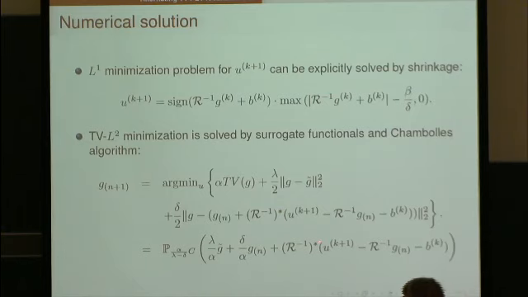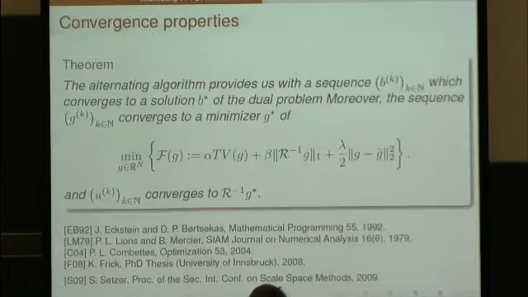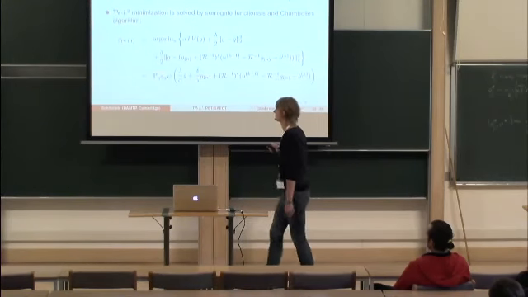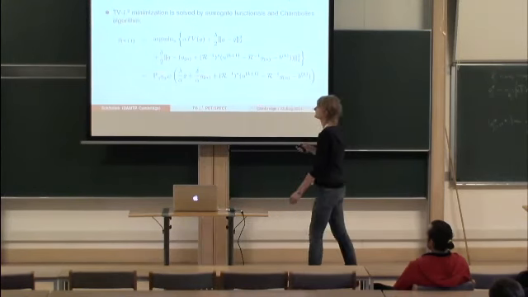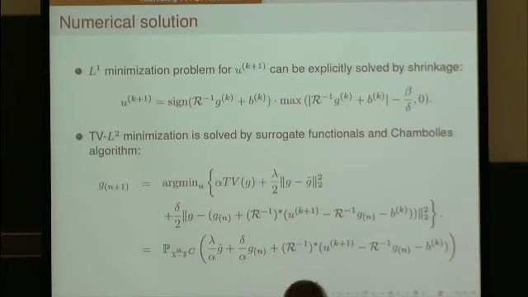I'm not going into much more detail, just to say that this sub-minimization problem is solved by a very standard iterative procedure. You could even apply some kind of split Bregman methodology again to solve this. It's just what we chose. You can probably speed this up by doing something else, but this is what we have.